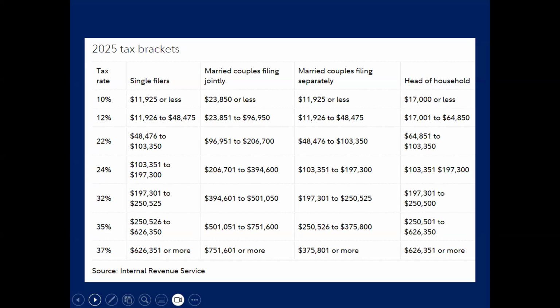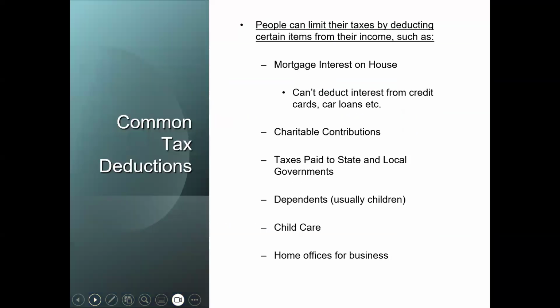And as you move through those general increments, that means that you're going to be paying more on each level of increment as you go up, right? So for those of you who are lucky enough to make $750,000 or more and marry filing jointly, if you get that much, everything over that amount, you'll be paying 37% on. And this is kind of why everybody has a different tax rate on what they pay.